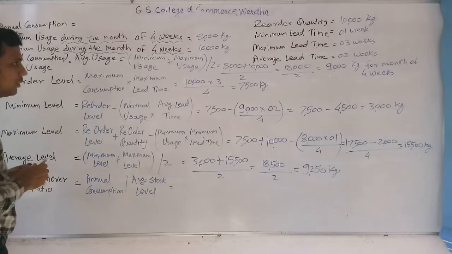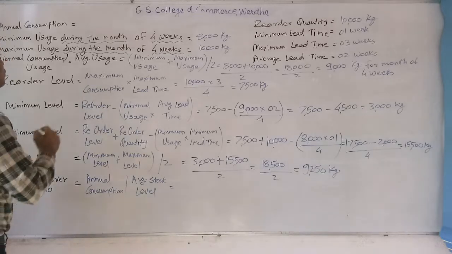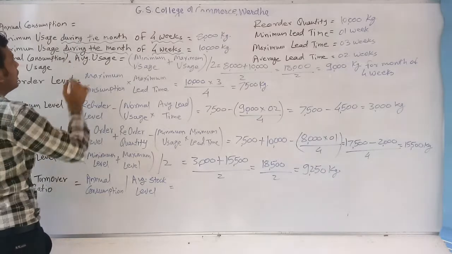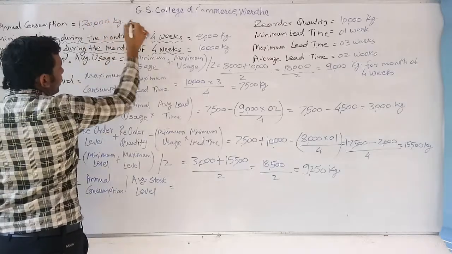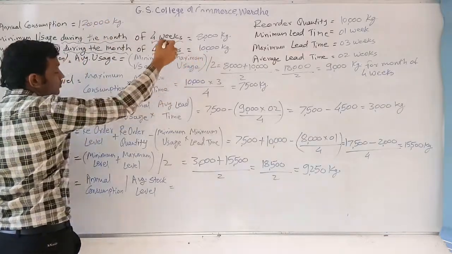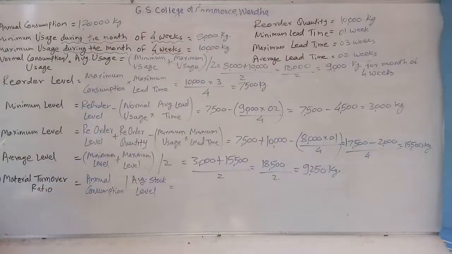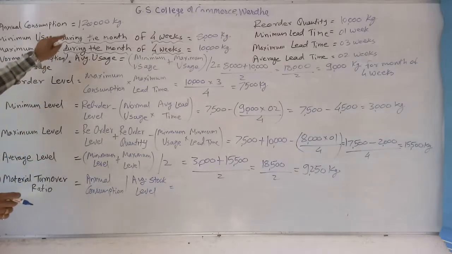Clearly we can determine it from the given information. Our maximum consumption is 10,000 units monthly, and we multiply it by the number of months, that is 12, and we get our answer as 1,20,000.